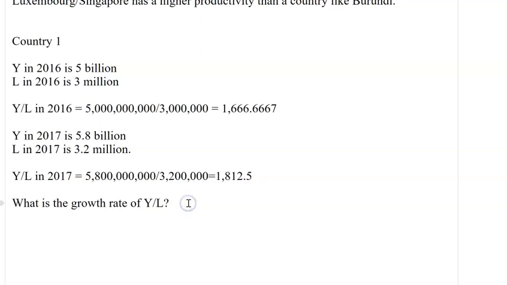1812.5. So now, what is the growth rate of Y over L? It would be the change in the value over those 2 years. So 1812.5 minus 1666.67, divided by 1666.67, times 100, which comes out to be 8.75%.